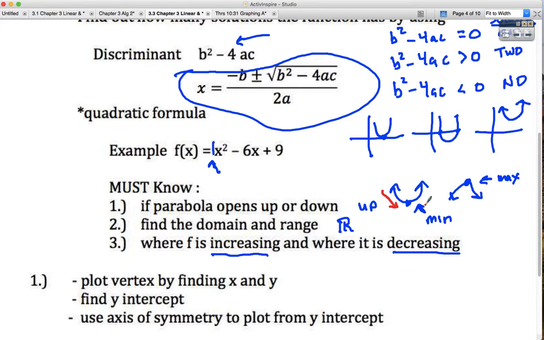And then increasing from wherever the vertex is to infinity this way. Now it's just opposite when it's upside down. On the left side, it would be increasing from negative infinity all the way to the vertex, and then from the vertex to the right side, it would be decreasing to infinity.